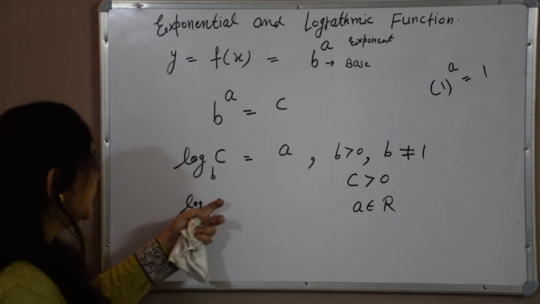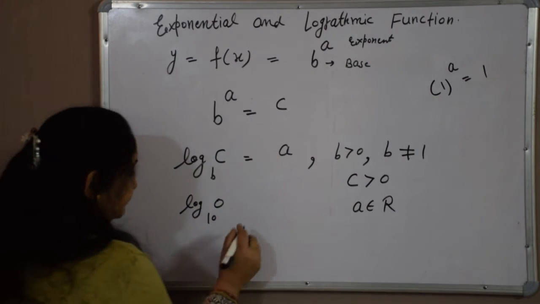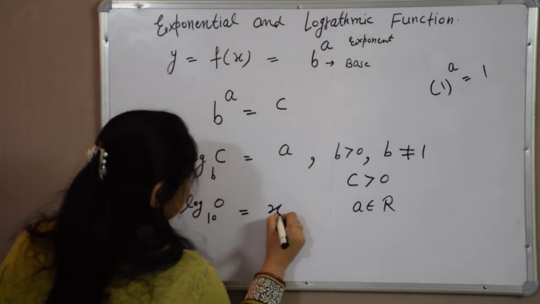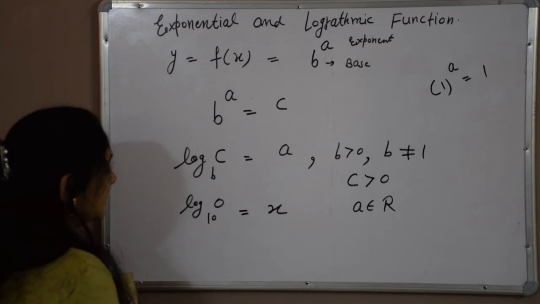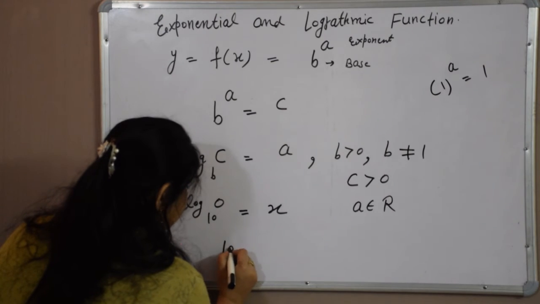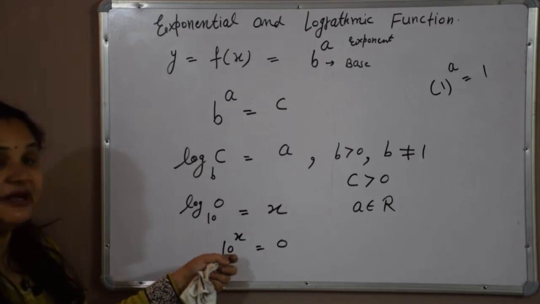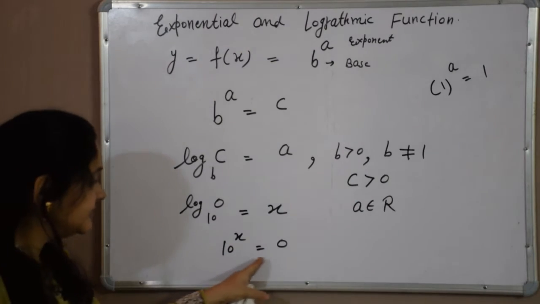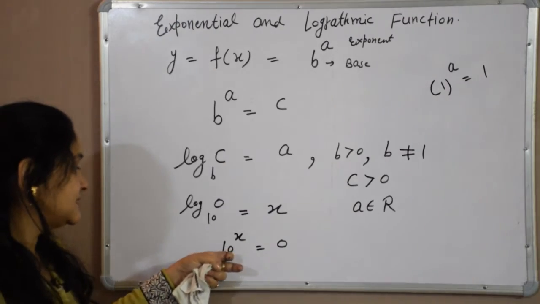Now log of 0 to the base 10 I have to find. Suppose it is equal to x. According to the definition, I can write 10 raised to power x should be equal to 0. Is there any value possible for x?